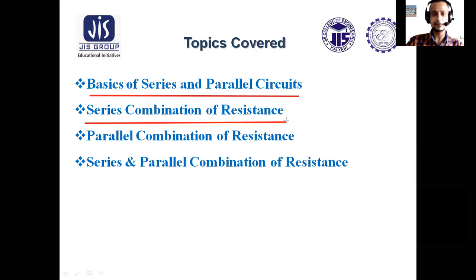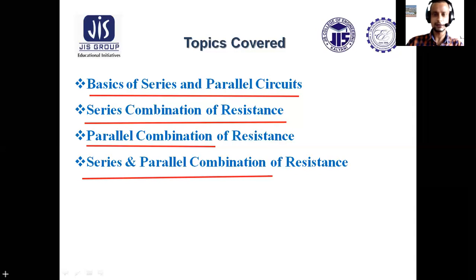You may consider these calculations as the ABCD of electric circuits, because until and unless you are familiar with series combination or parallel combination of resistances, or both series and parallel combinations, you won't be able to analyze or calculate data as required for a complex circuit, because most complex circuits involve different combinations of resistors, inductors, capacitors, and sources.